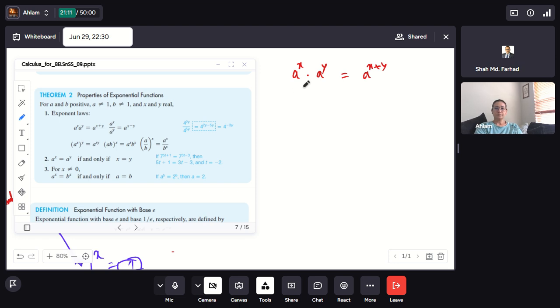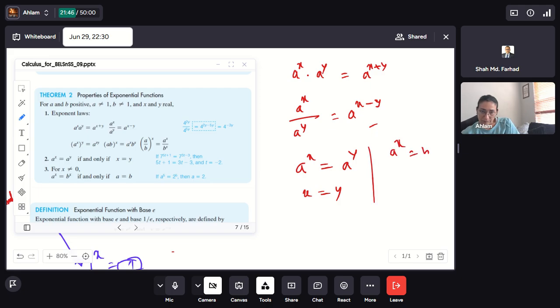Also, if we have a power x over a power y, then we have a power x minus y. And if we have a power x equals a power y, then we can write x equals y. And if we have a power x equals b power x, then we can write a equals b.